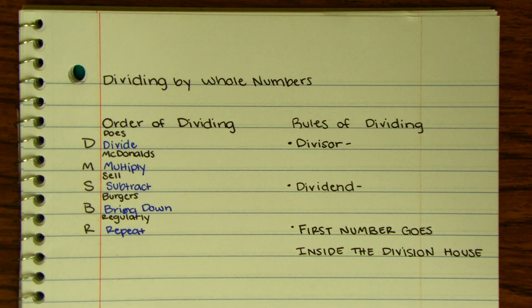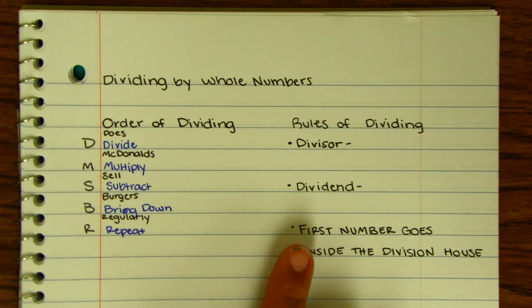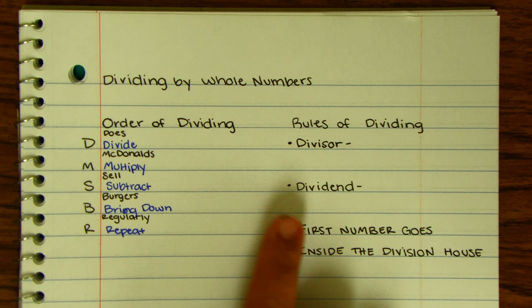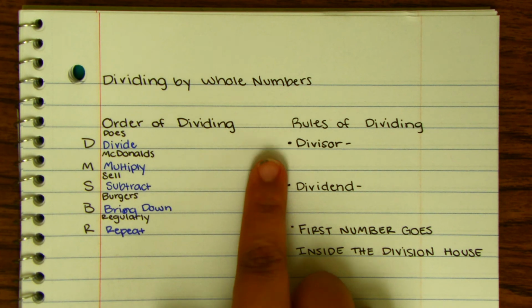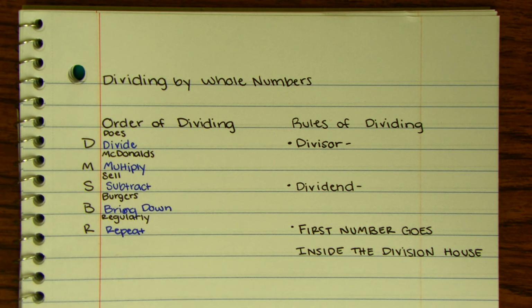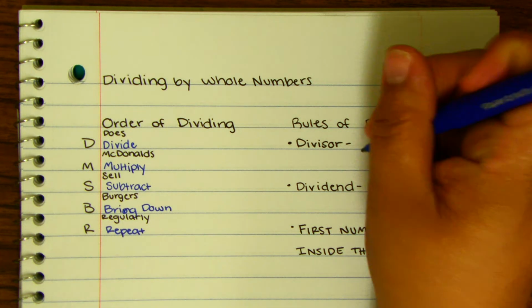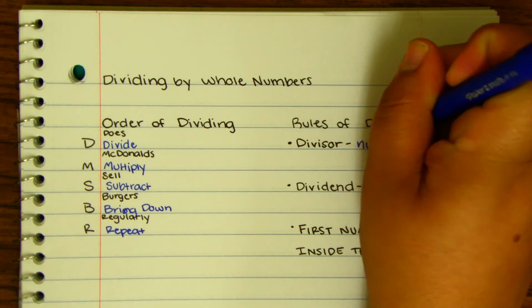So first thing we have to know are our rules of dividing. So we have two different items that we talk about when we divide. We have a divisor and a dividend. So the divisor is going to be the number that we divide by.